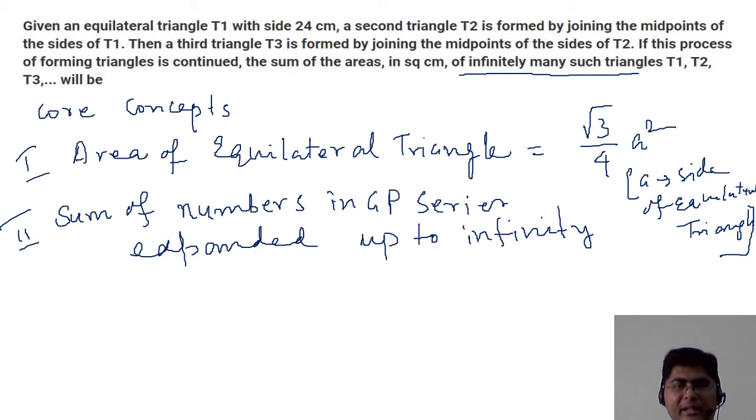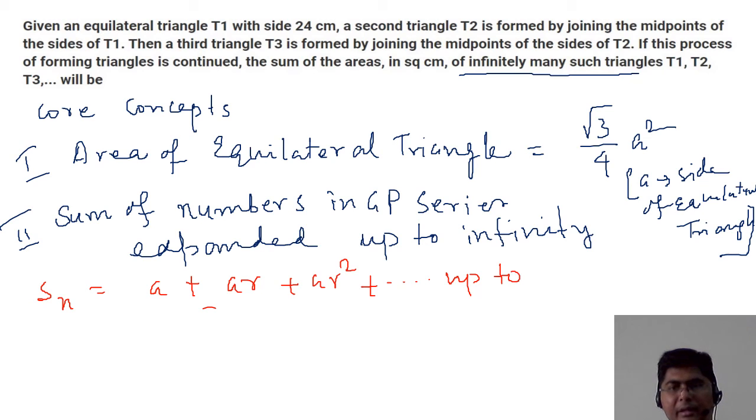So let's take a general example. Let's say Sn equals A plus AR plus AR square plus dot dot up to infinity. So what is the value of this summation? The formula is A divided by 1 minus R. Now what is A?